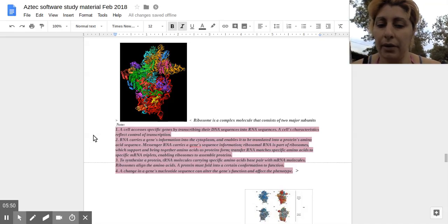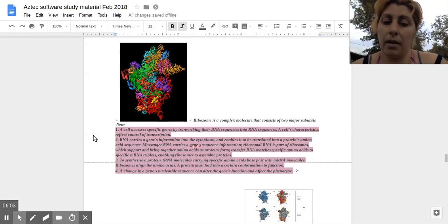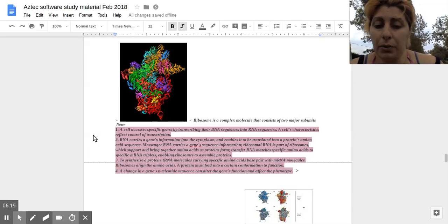The mRNA carries the gene sequence information, and ribosomal RNA, part of the ribosomes, brings together the mRNA with the amino acids as a protein is formed. tRNA molecules match specific amino acids to specific mRNA triplets called codons, enabling ribosomes to assemble proteins.